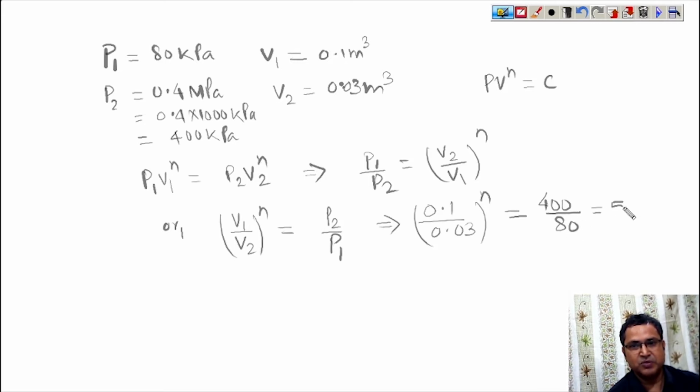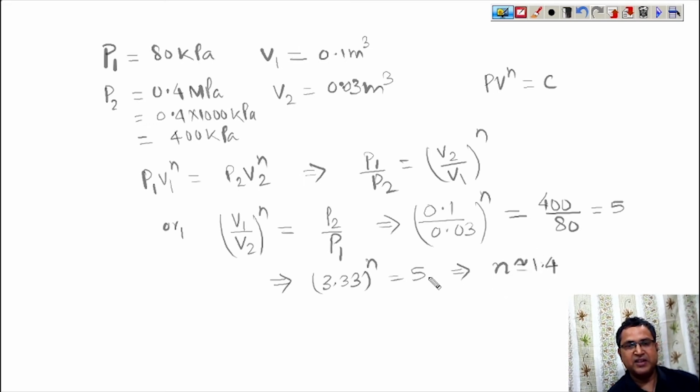This comes out to be 5. And this is nothing but 10 upon 3, it is 3.33 raised to the power n is equal to 5. Once you calculate this equation, you will get n approximately 1.4.